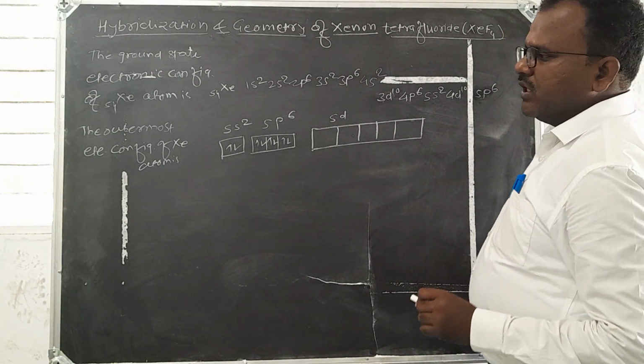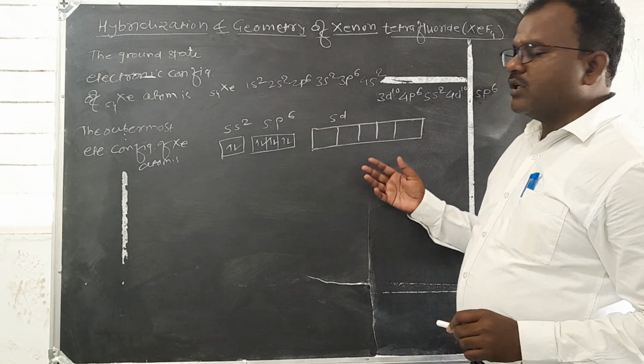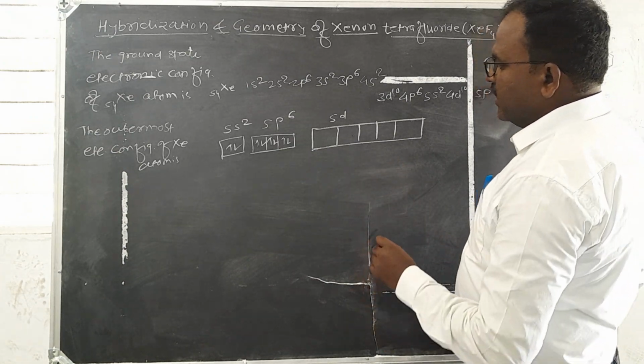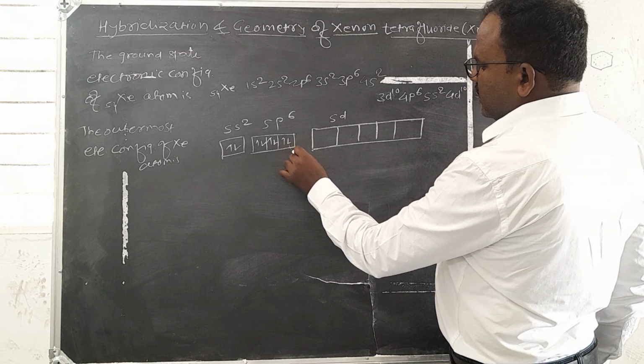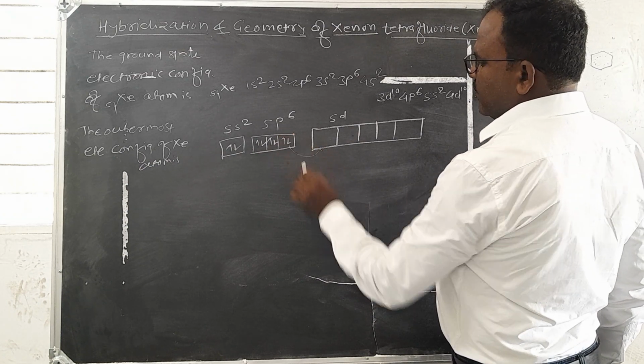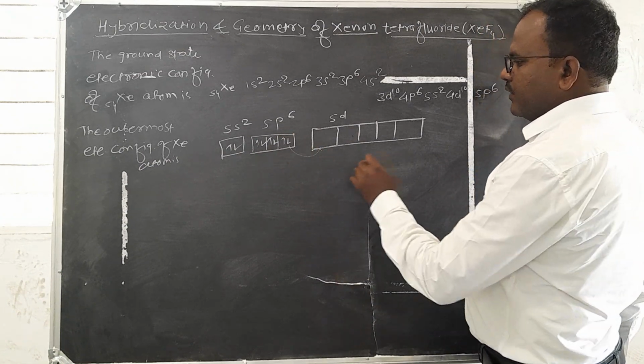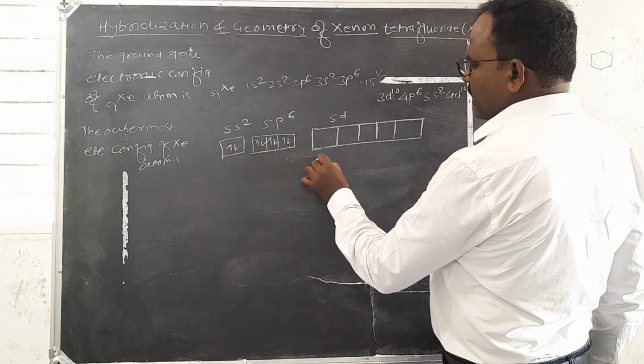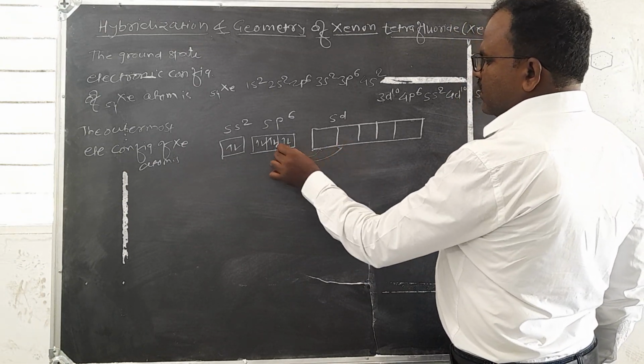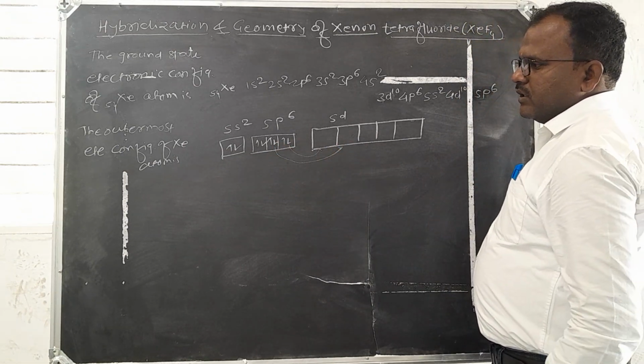Then in the excited state, 4 unpaired electrons are found. One electron is transferred from the 5p orbital to the 5d orbital, and another electron is transferred from the p orbital to the d orbital.